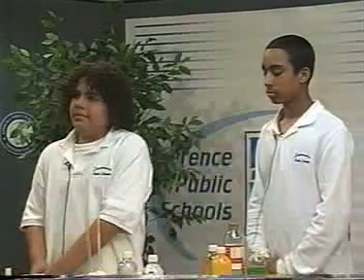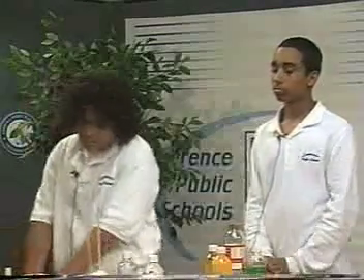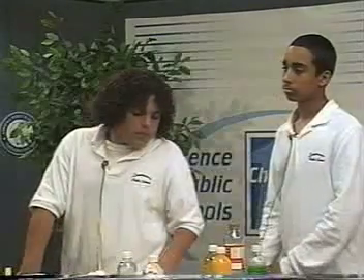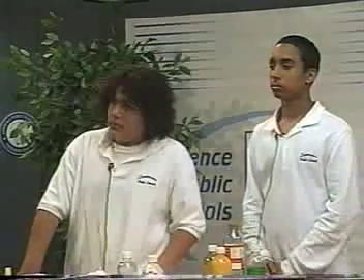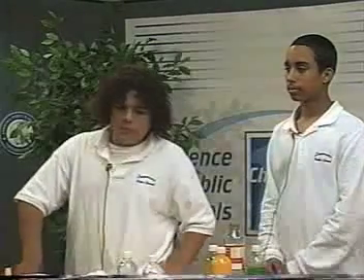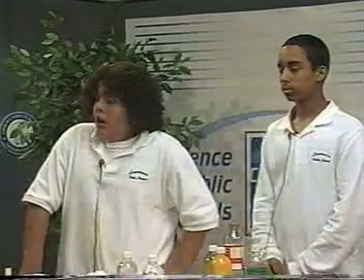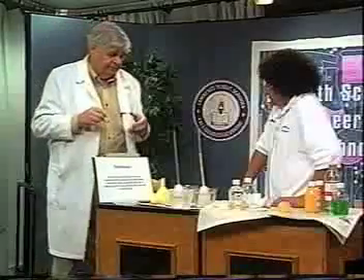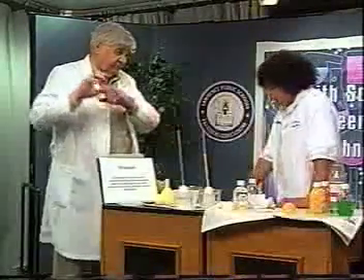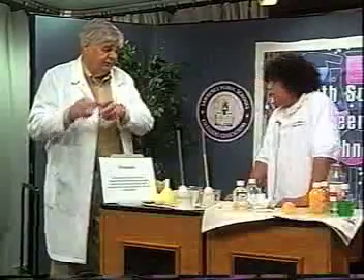So a semi-permeable membrane is a membrane which allows some things to pass through it, and it stops other things, like the little membrane on our egg, like the membrane around your brain, the membranes around all of the cells in your body, the membranes around all the cells in plants. Allows water to go through, allows osmosis to happen, allows water to go from the highest concentration to the lowest concentration.